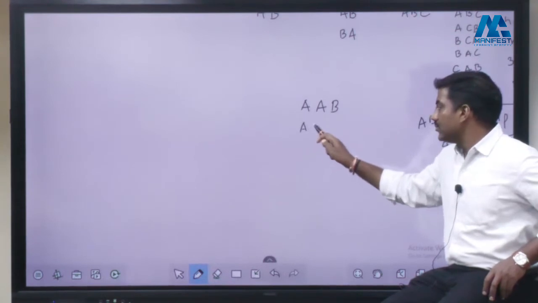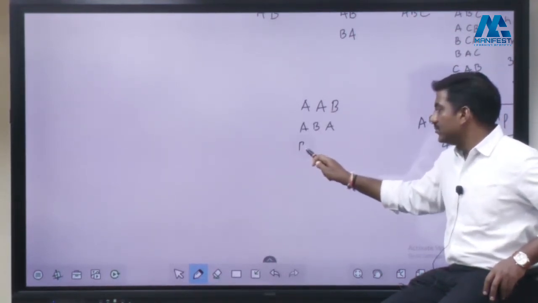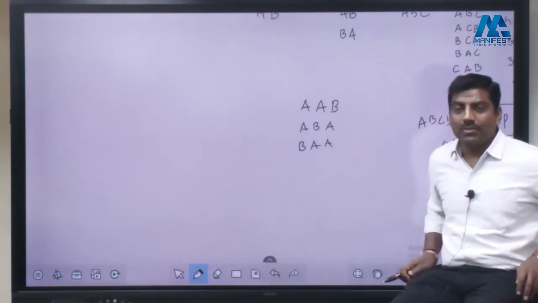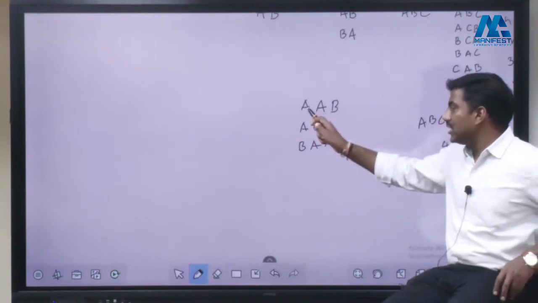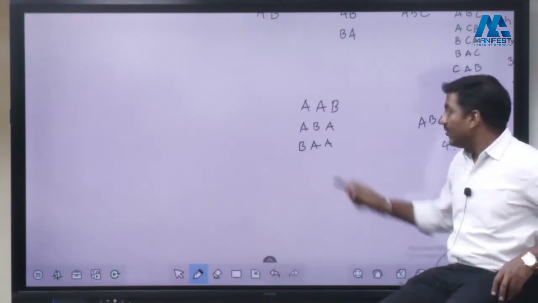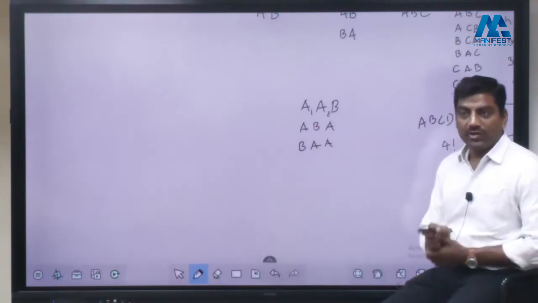Second one is ABA. Third one is BAA. Here this is happening because there is no distinction between this A and this A, correct? They are identical. That is why if this was A1, A2, then we would have interchanged A and A1 also.